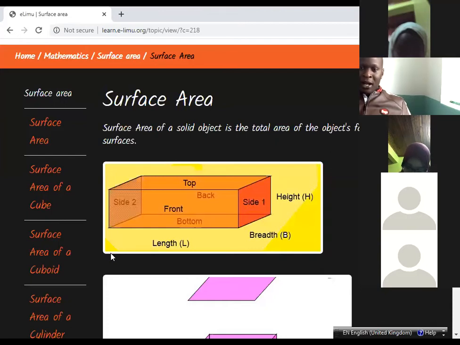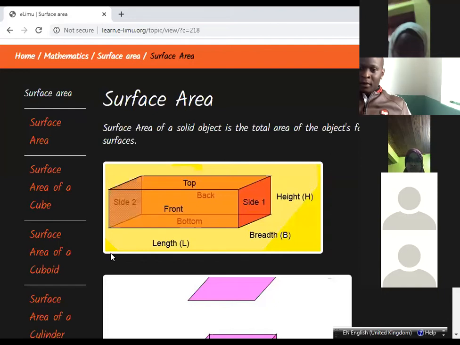Now we are going to look at the last part of our question. We were required to find the surface area of that solid. How do we find the surface area of the solid? We add.